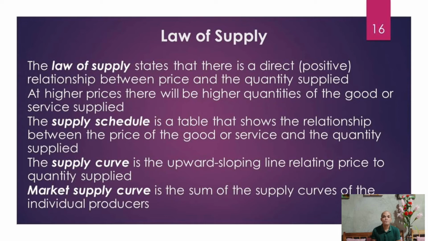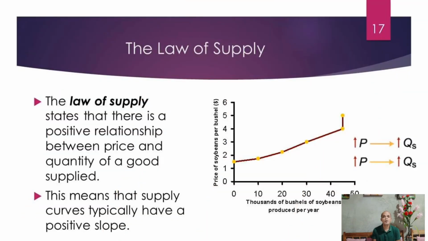Market supply curve. It refers to the totality of the supply curves of the individual producers. So what is the law of supply? It states that there is a positive relationship between price and the quantity of a good supplied. This means that supply curves typically have a positive slope, as seen in the graph here.